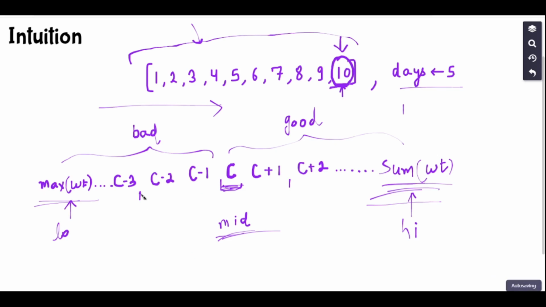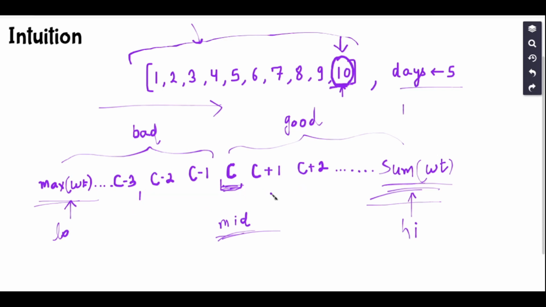If it lies towards the bad side, that means I need a ship with higher capacity, so I would search my answer towards the right side. That means the search space would be reduced to this one. Let's say mid is here, this is case number 1.